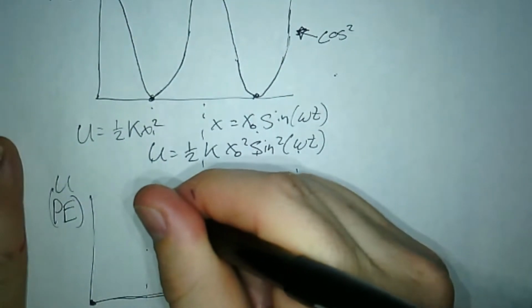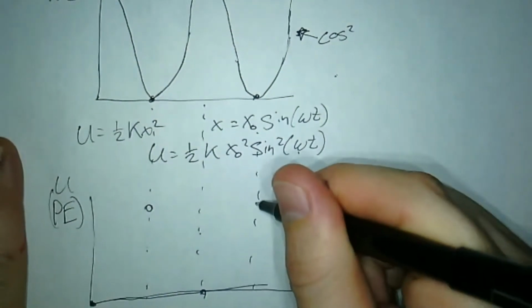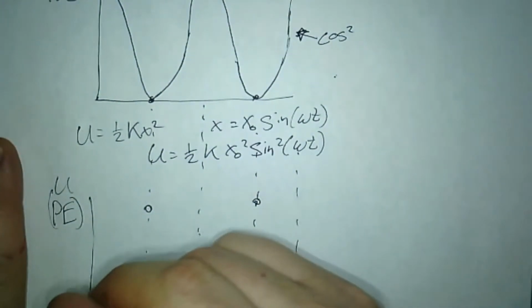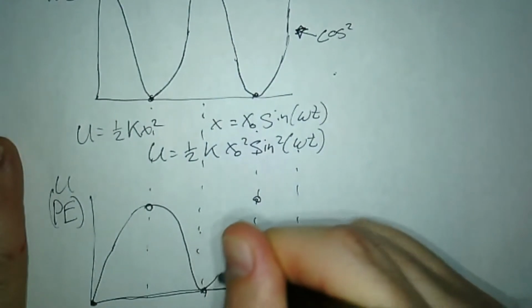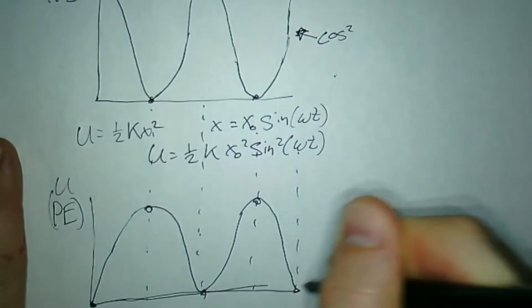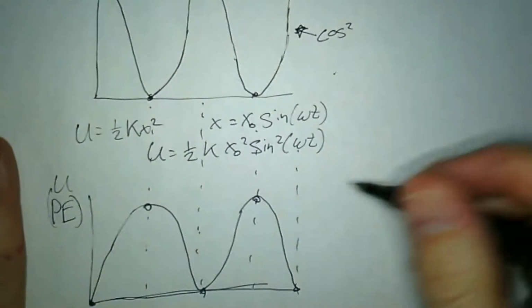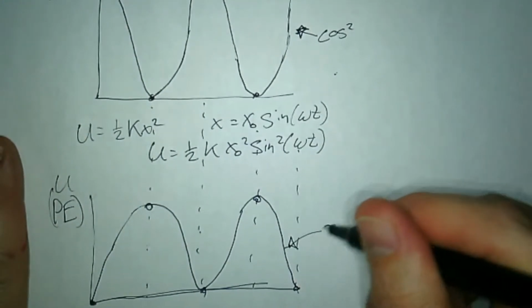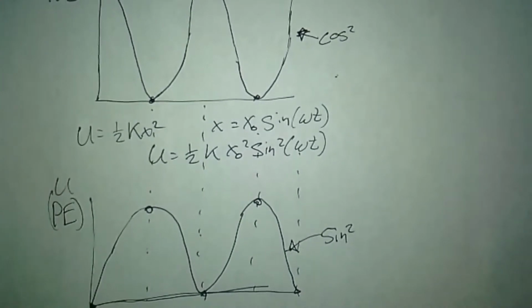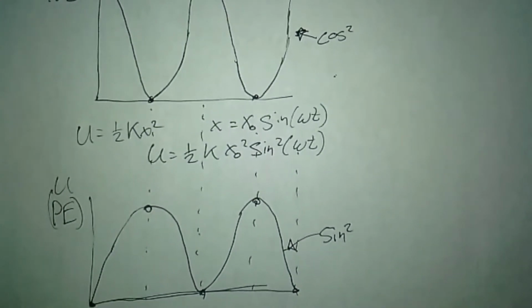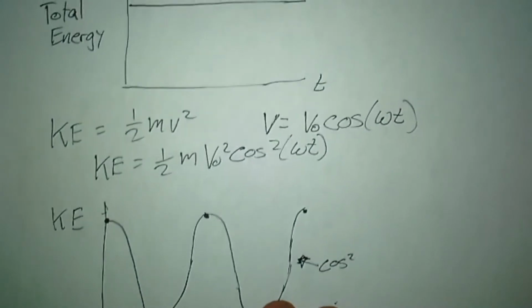This one will look something like this. Right? And this is going to look like a sine squared graph. But earlier I said that it should add to a constant, because that's what we're looking at up here.